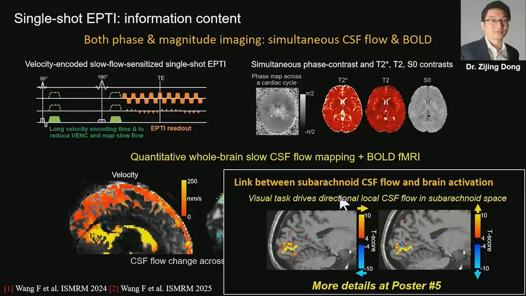This concurrent approach enables us to study the link between CSF flow and brain activation, and we've been able to see the directional local CSF flow during the visual task. There are more details you can see at poster 5.